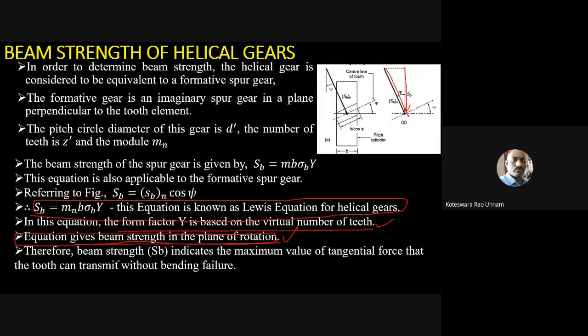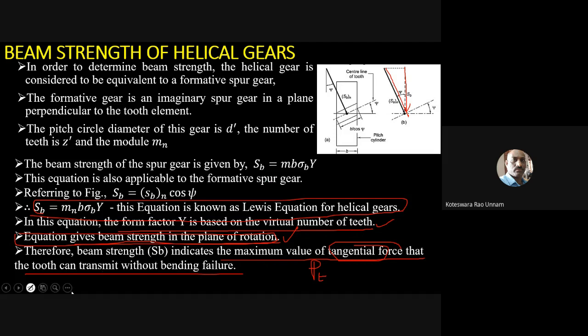Therefore, the beam strength indicates the maximum value of tangential force that the tooth can transmit without bending failure. Now if you want to define beam strength, this definition is the same for helical gear as well as spur gear. Beam strength is nothing but the maximum value of tangential force, PT, that the tooth can transmit without bending failure. That we'll call the beam strength.